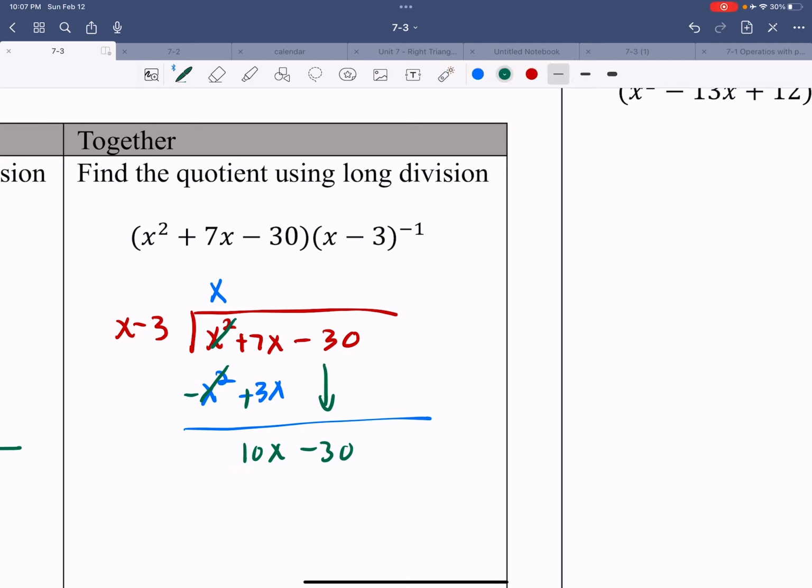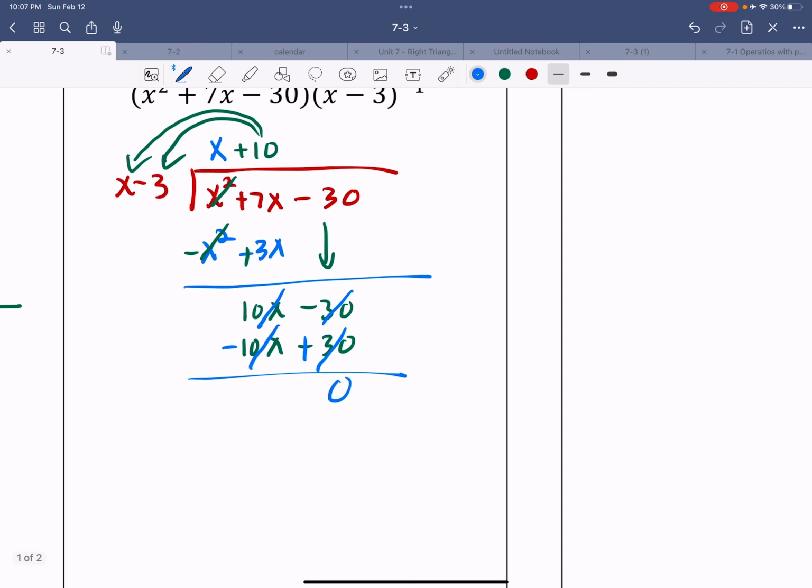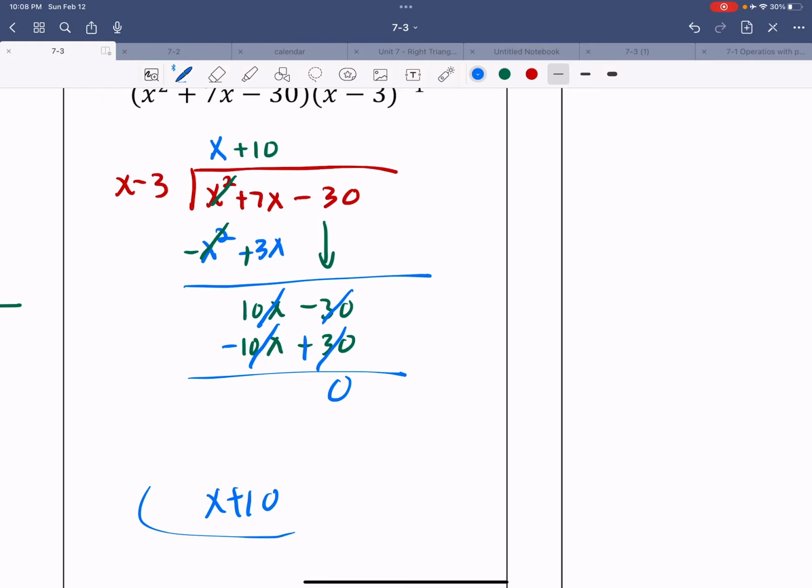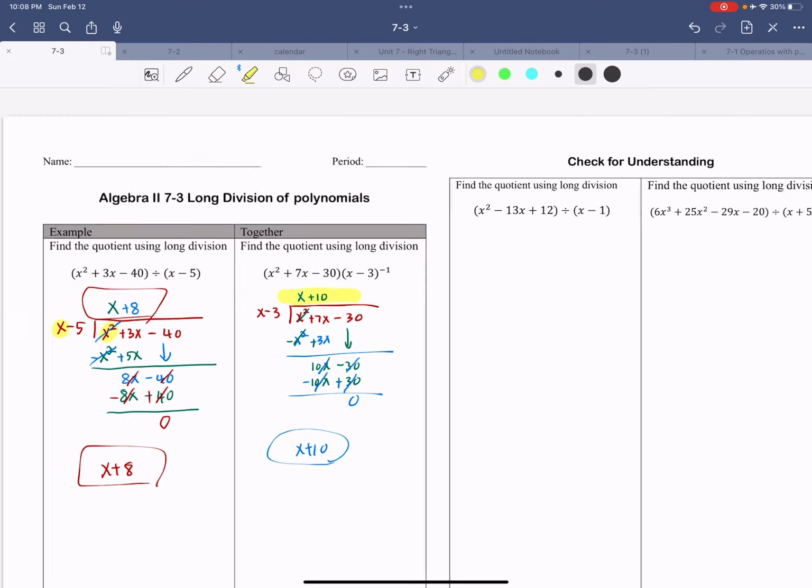A positive 10, because 10 times x will give you 10x, and 10 times negative 3 will give you negative 30. If you flip the sign, it's simple: 10x and 10x will disappear, negative 30 and positive 30 will disappear, and you get 0. Therefore, you get x plus 10 as the quotient.